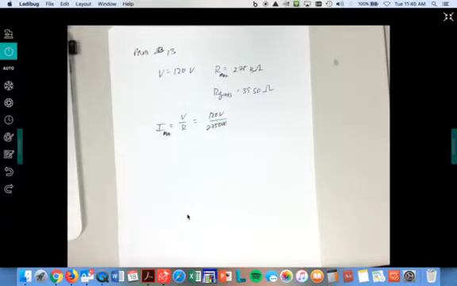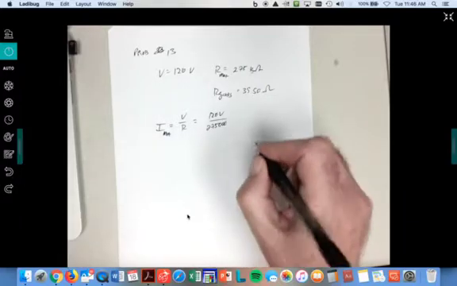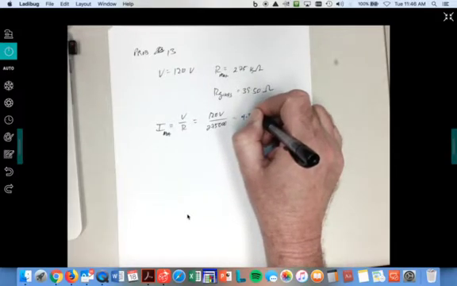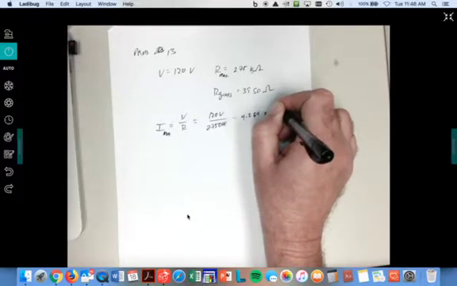So I take 120 divided by 275,000, and I get 4.364 times 10 to the negative 4 amps.